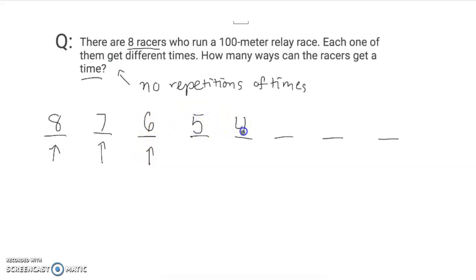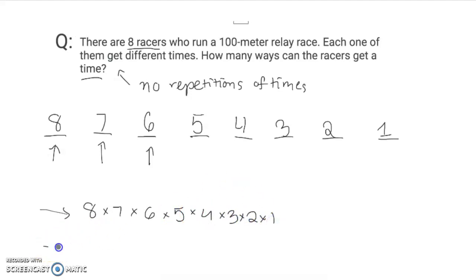The next spot will be 4, the next one will be 3, then 2, then 1. So, your answer will be 8 times 7 times 6 times 5 times 4 times 3 times 2 times 1, or 8 factorial. So you can calculate this amount using a calculator, or you can do it right now.